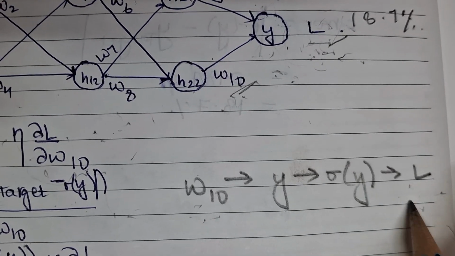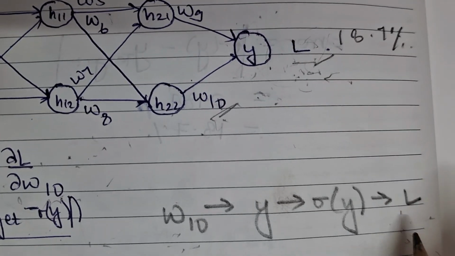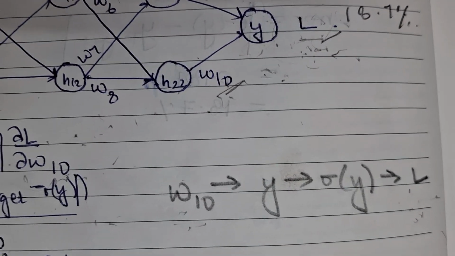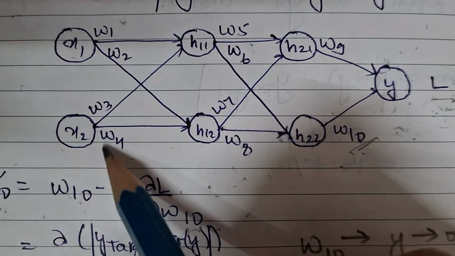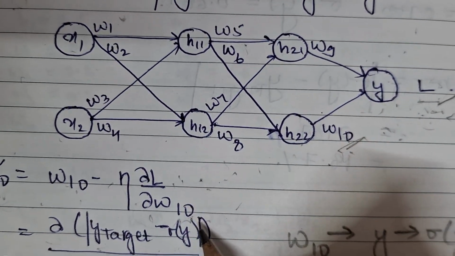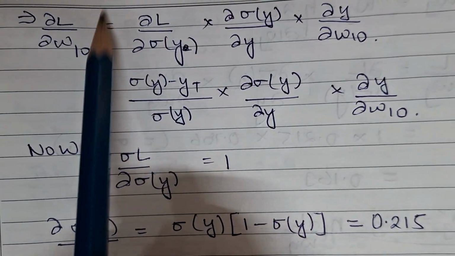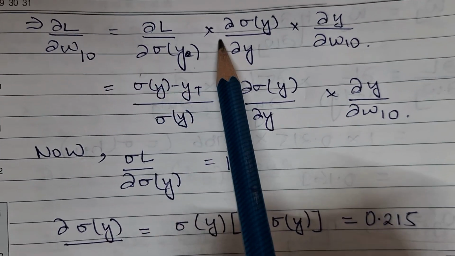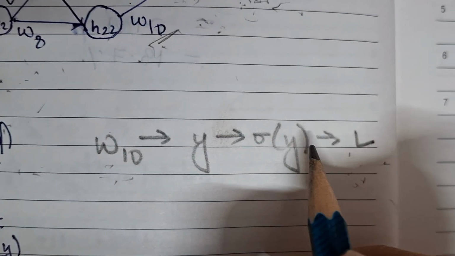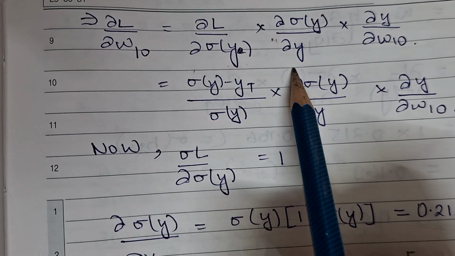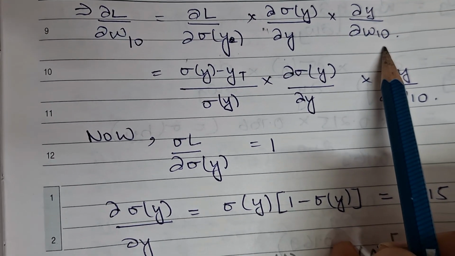This flowchart is extremely important because it tells us exactly how we have to proceed with our partial differentiation. Using this flowchart, we can deduce how we will calculate del L by del omega 10. We have del L divided by del of sigma Y, multiplied by del sigma Y divided by del Y, multiplied by del Y divided by del omega 10.